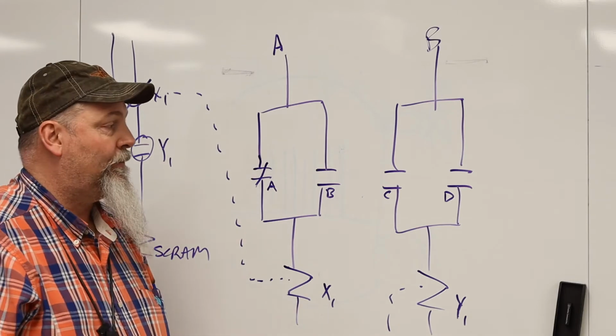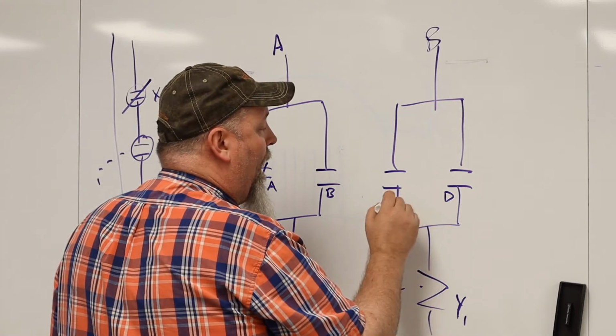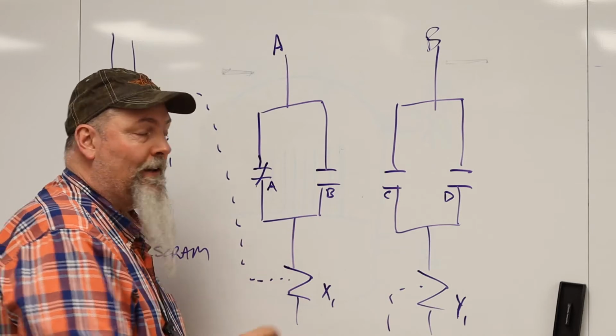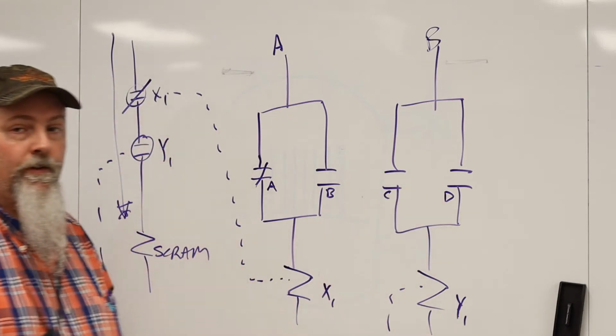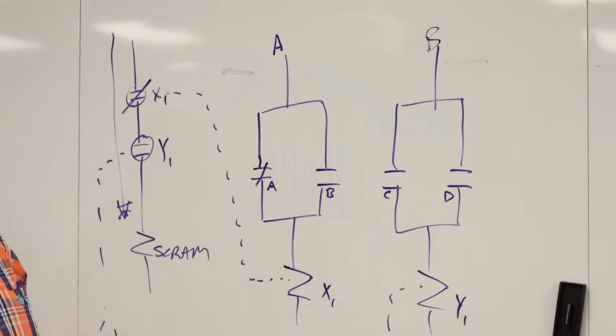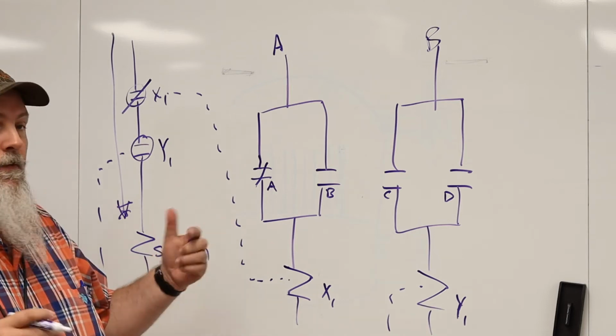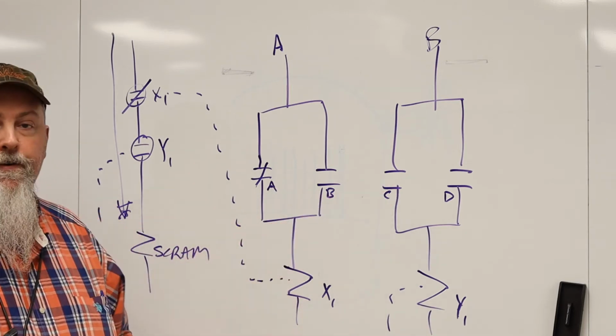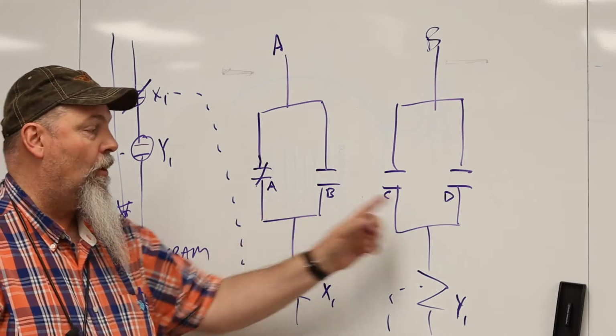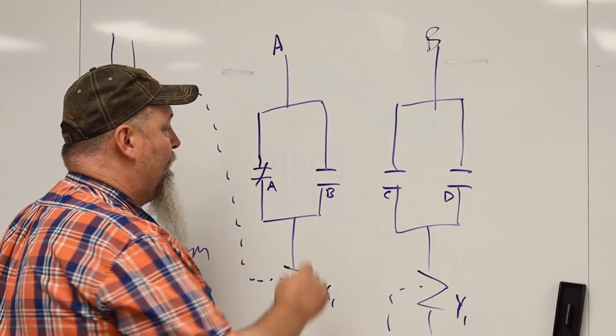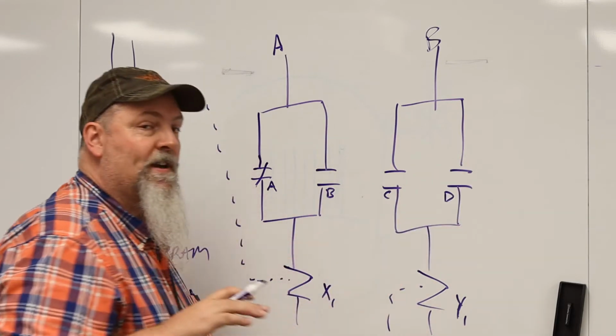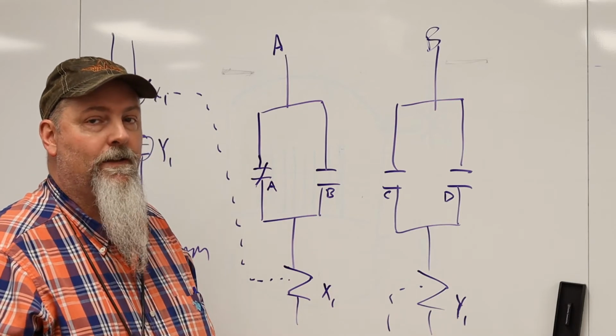In order to get the scram, I need either the Charlie or the Delta sensor to get a signal. Now, in an ideal situation, whatever the signal these 4 sensors are monitoring, if it's a real signal, they should all 4 go, right? So they should all 4 close. But we're talking about the minimum needed to meet the logic.